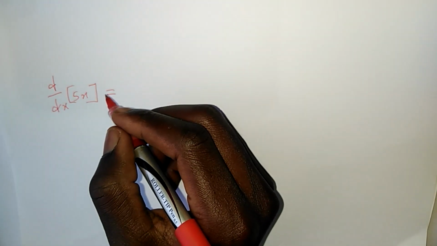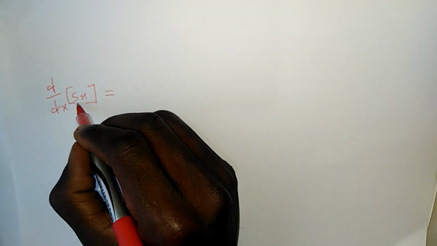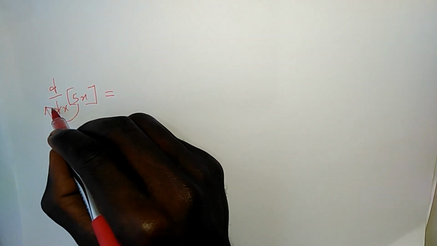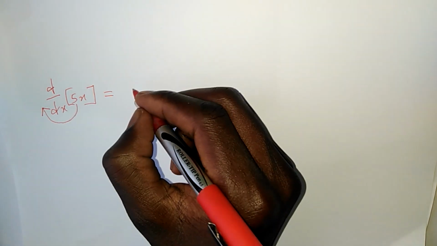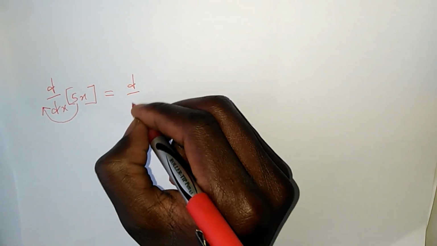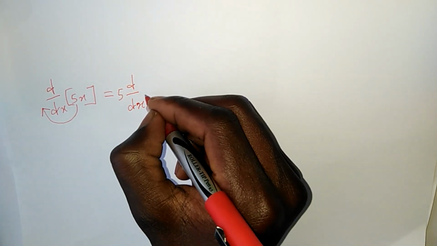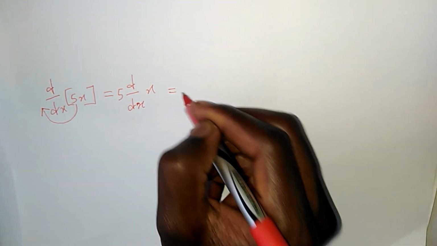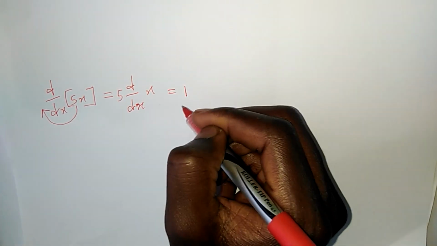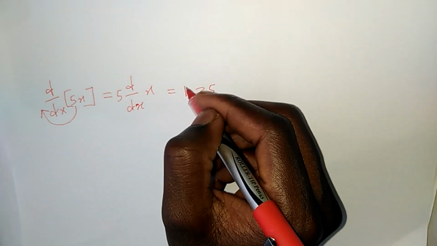So you move this 5 to the front, and what you have will be d over dx of x, multiplied by 5. Now, you know the differential of x, like we said earlier, is equal to 1. 1 times 5 is equal to 5. Just like 5 times 1 is still 5.